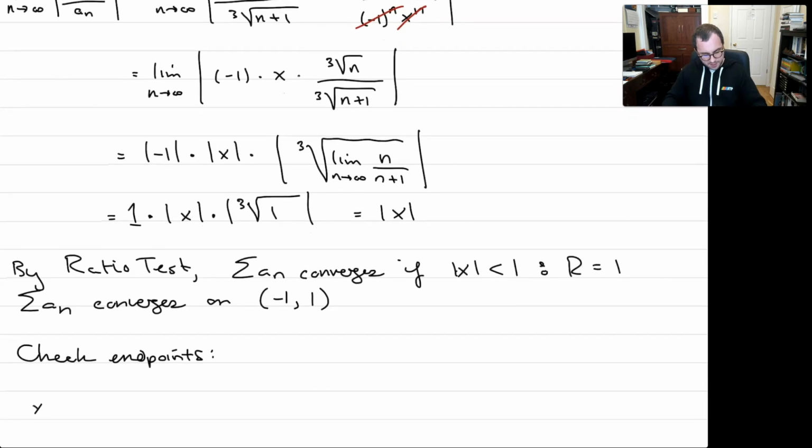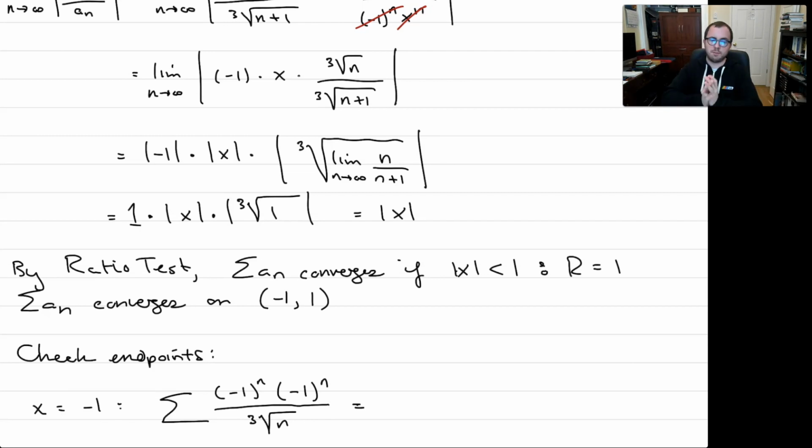First endpoint, x equals negative 1. What we get is the series negative 1 to the n, where the x to the n is replaced with a negative 1 to the n, over the cubed root of n. Those negative 1's become positive. Negative 1 times negative 1 is positive 1.